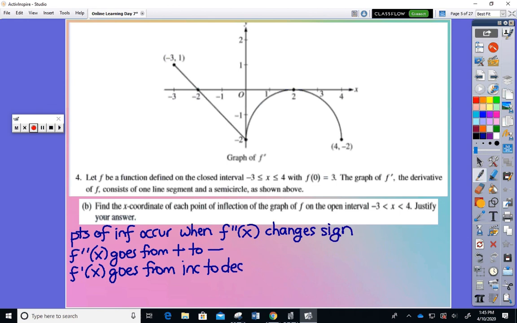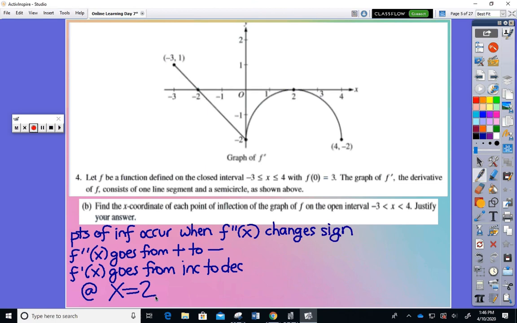Now, we've got a valid reason at this point because now I'm talking about f prime of x, which again, that's the evidence I always have to come back to. So where does f prime of x go from increasing to decreasing? Well, I can see that the graph is increasing here and then it decreases after that point. So it looks like at x equals 2, I'm going to get a point of inflection. So I've given my reason and the answer.